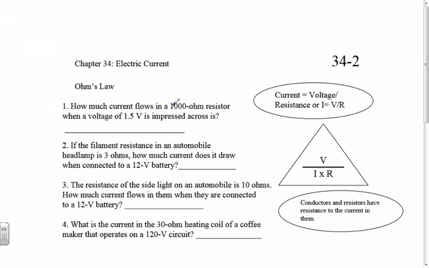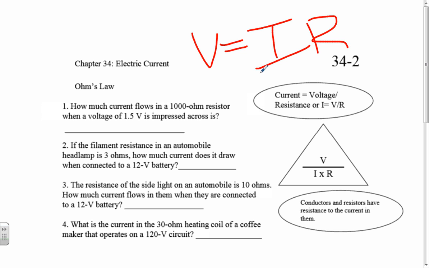So how much current flows through a 1,000 ohm resistor when you have a voltage of 1.5 volts? All right, so it's going to be this thing here. And whatever you're looking for, V equals IR is pretty easy algebra too. You can divide out or multiply.